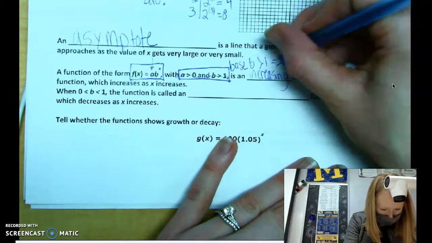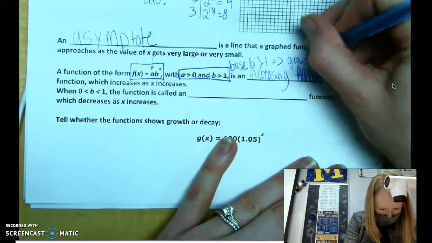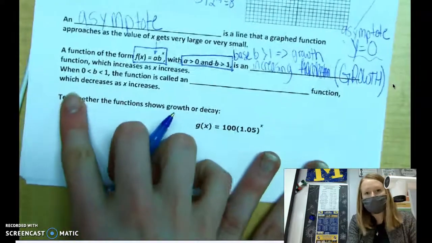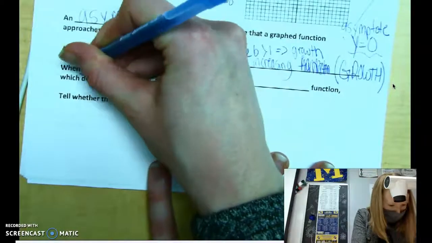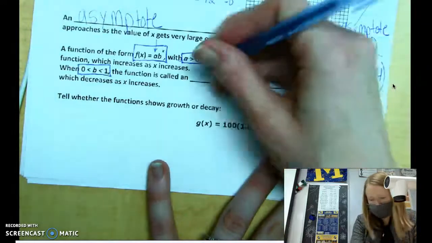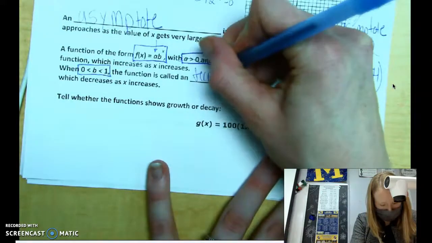If you're looking at the base b and the base is between 0 and 1, this is a decreasing function.